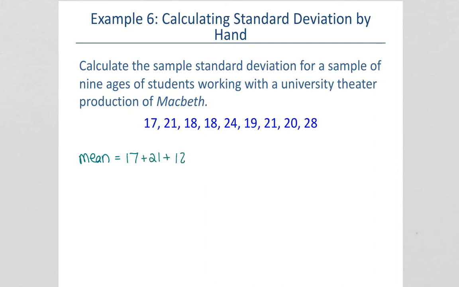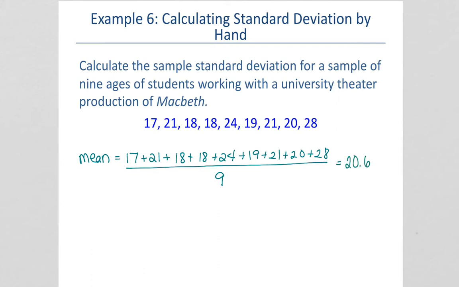So we're going to add these up. Divide by 9, it said. And we get that the mean is 20.67.